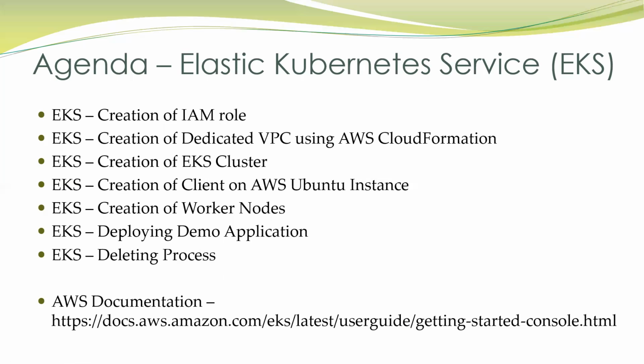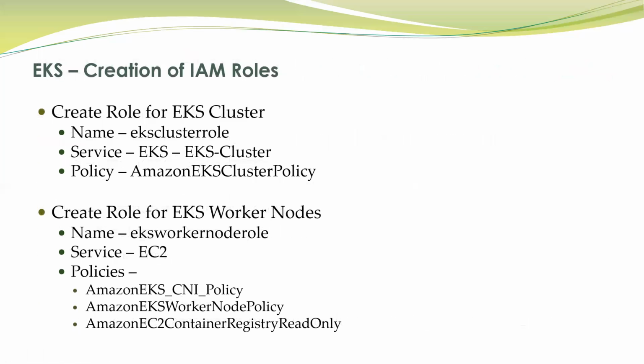So let's move to the next slide, where we need to create the IAM roles. The first role we will create is for the EKS cluster, and the second role is for the EKS worker nodes. So let's go to the AWS console and create the IAM roles.